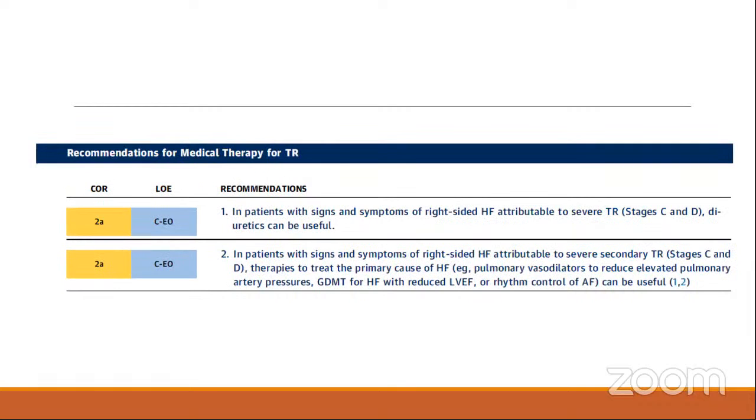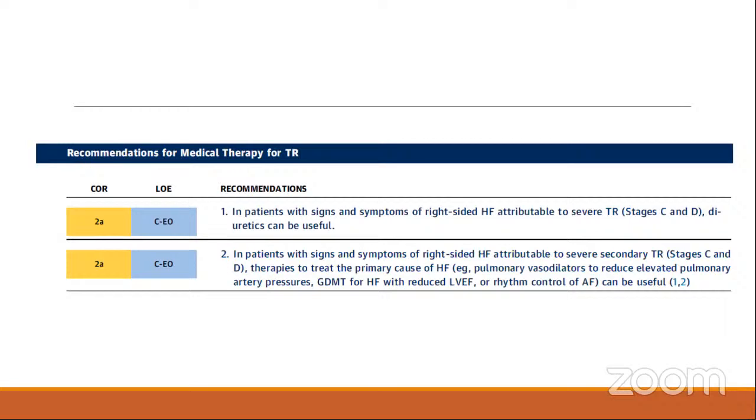The second thing that they recommended is medical therapy for tricuspid regurg in patients with signs and symptoms of right-sided heart failure attributable to severe tricuspid regurg, like stage C and D. Diuretics can be useful, and they class this as class 2A.